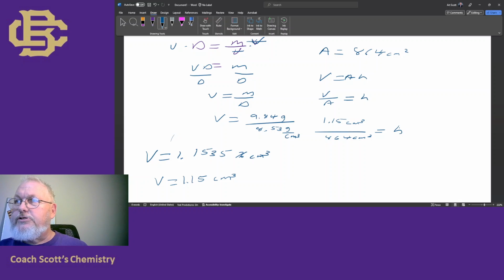Whoa! Let's see what I got. I'm going to put my height on the left because I like seeing it like that. I got 0.00, oh, this is thin, 133101. Okay, that's enough. And of course, that would be centimeters. Centimeters cubed divided by centimeters squared is centimeters.